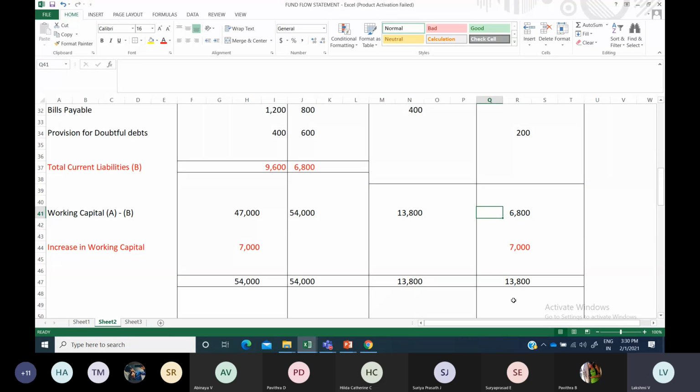So just write 13,800 on both columns. Now how much do I need to make this 13,800? 7,000. So this difference amount is again mentioned as working capital, increase in working capital. So it has increased here. So this is the increase in working capital. Okay, so this is our first step.